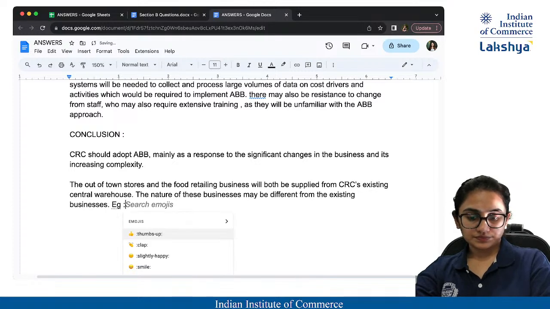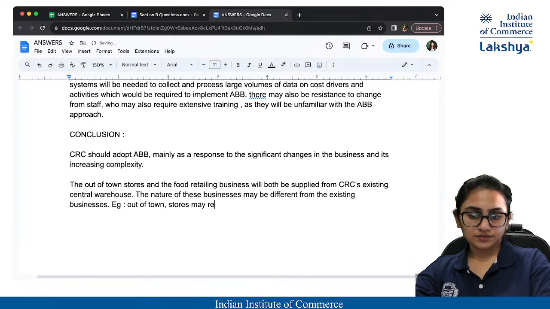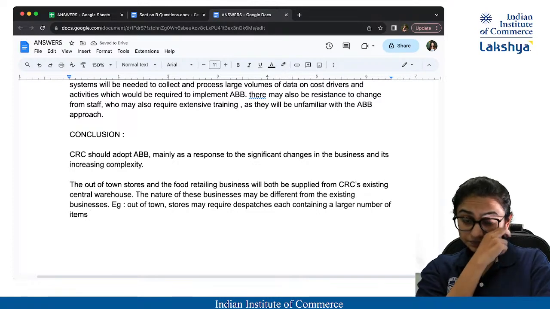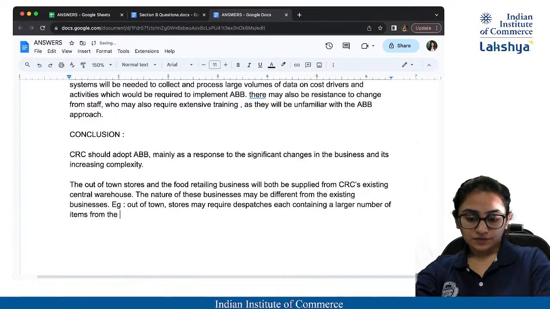For example, out of town stores may require dispatches each containing a larger number of items from the goods outward section.